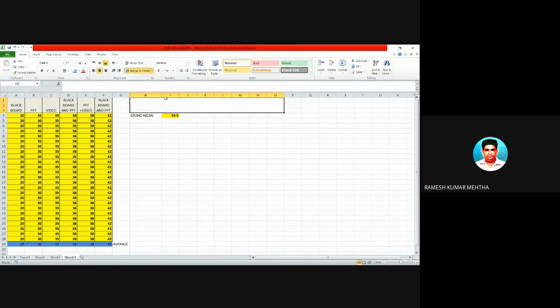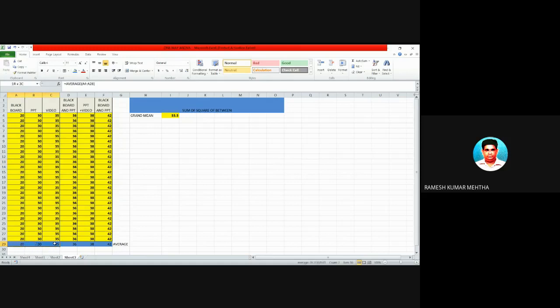Our main concern is the sum of squares between, on which we are discussing. The grand mean is 33.5.